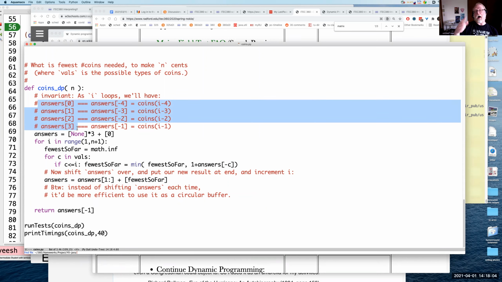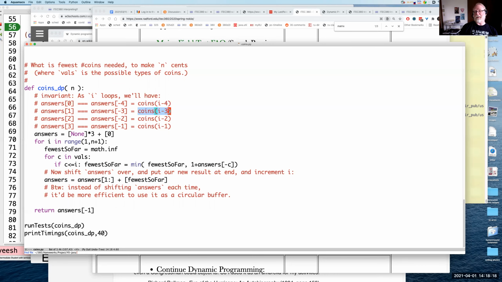As my value i goes up, starting from 0, 1, 2, 3, 4, up to like 57, all the way up to 1,000,000, i is the value that I'm computing right now. To compute coins of i, I only need to know these 4 numbers. Actually, I don't even need this number, but when I increment i by 1, I will.